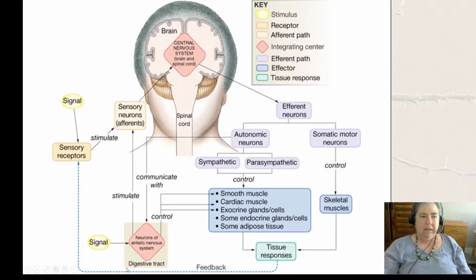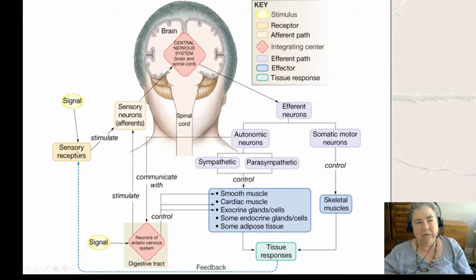There is a little bit of sensation coming in from the gut, from the intra-abdominal organs. Okay, it's a lot less specific, or less easily localized, than the information coming in from the somatosensory receptors.